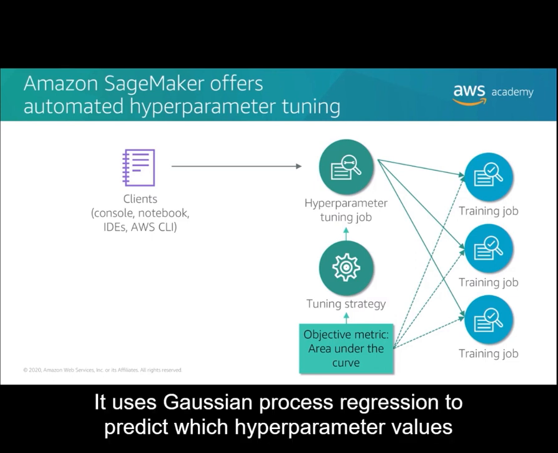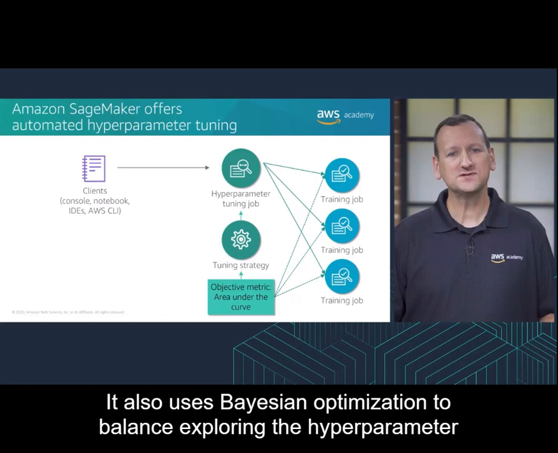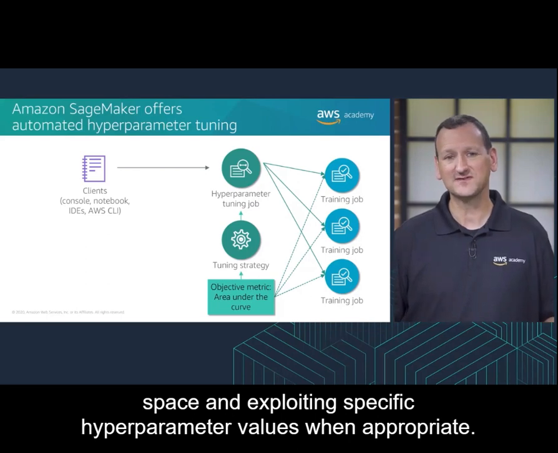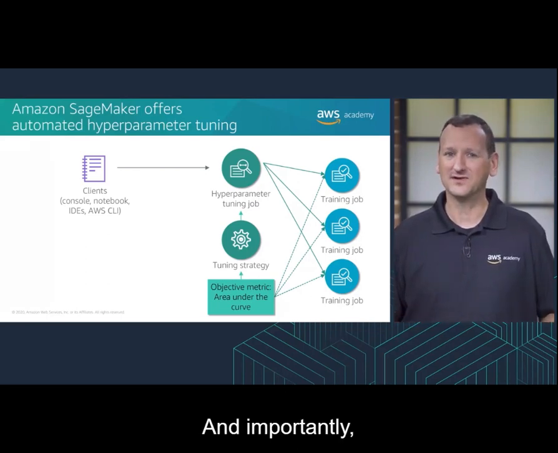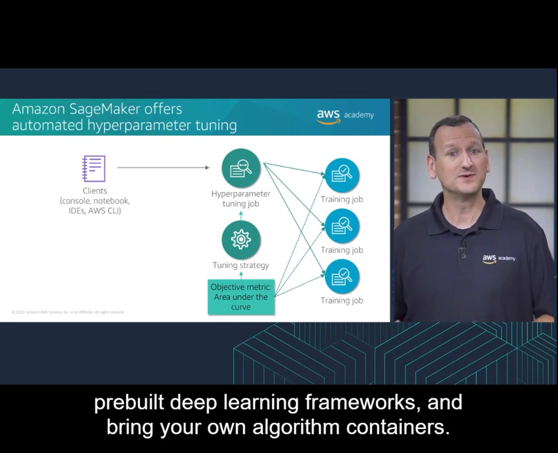It uses Gaussian process regression to predict which hyperparameter values might be most effective at improving fit. It also uses Bayesian optimization to balance exploring the hyperparameter space and exploiting specific hyperparameter values when appropriate.